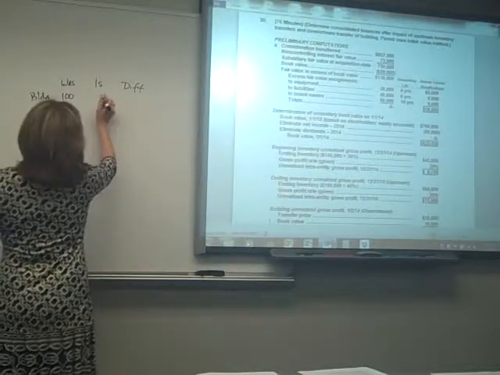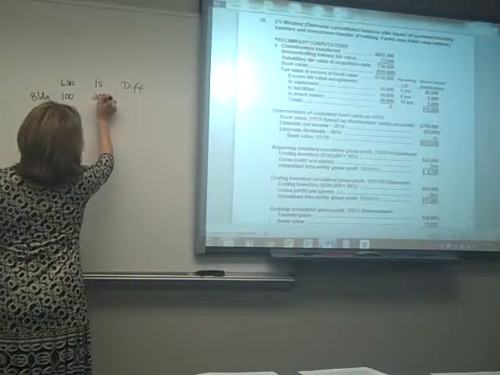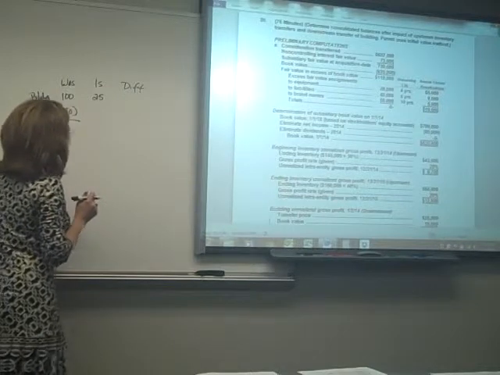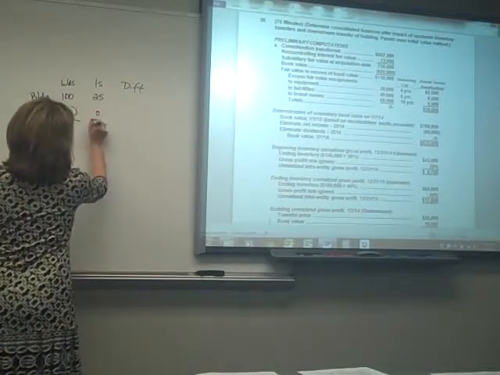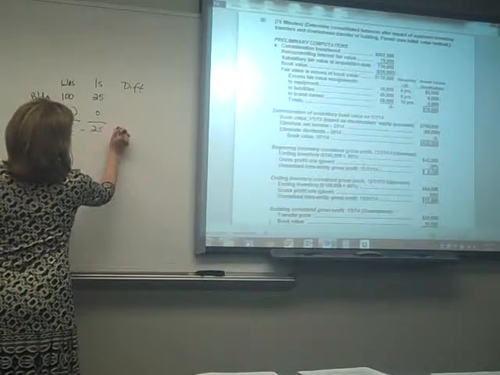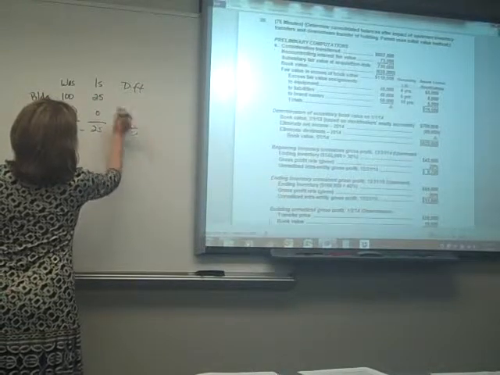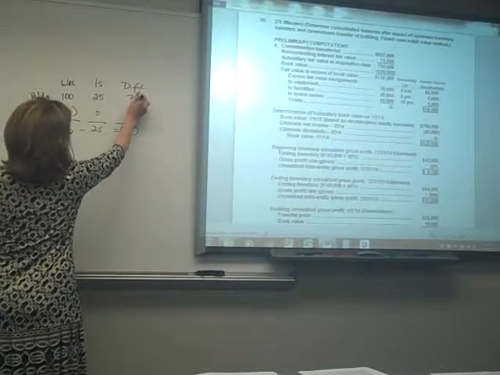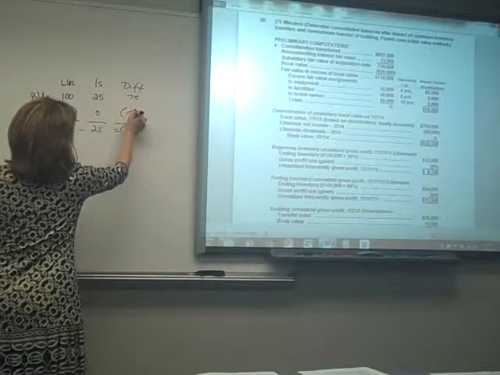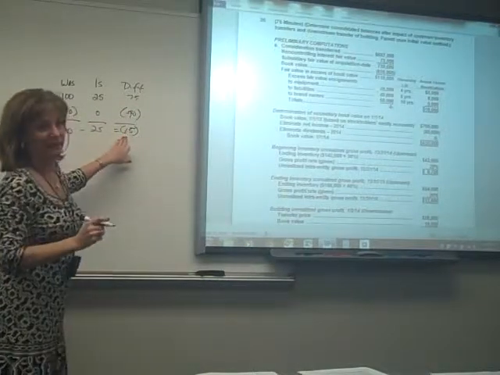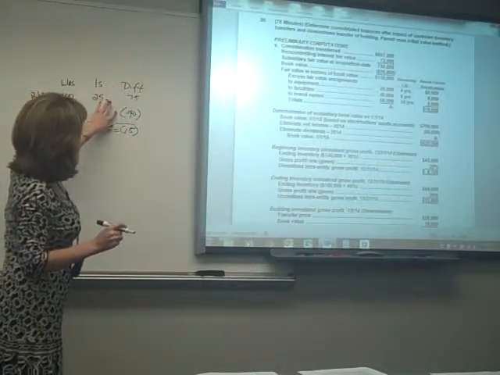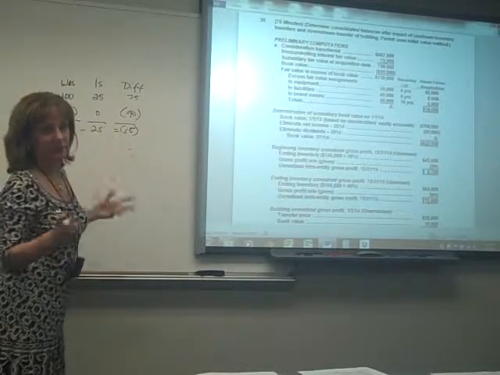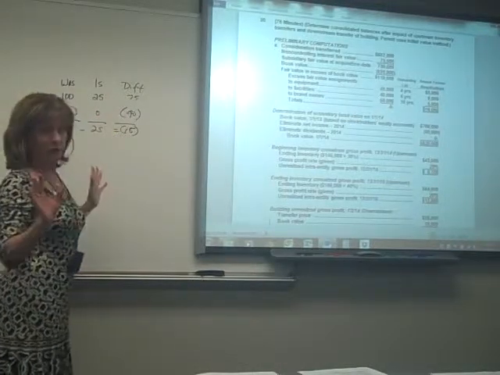Okay, but it was sold intra-entity. It was sold for 25. This is always a 0. It was 25. Okay, 100 minus 25 is 75. 90 minus 0 is a negative 90. Is a negative 15. So 75 plus negative 90 is a negative 15. Okay, so far so good.